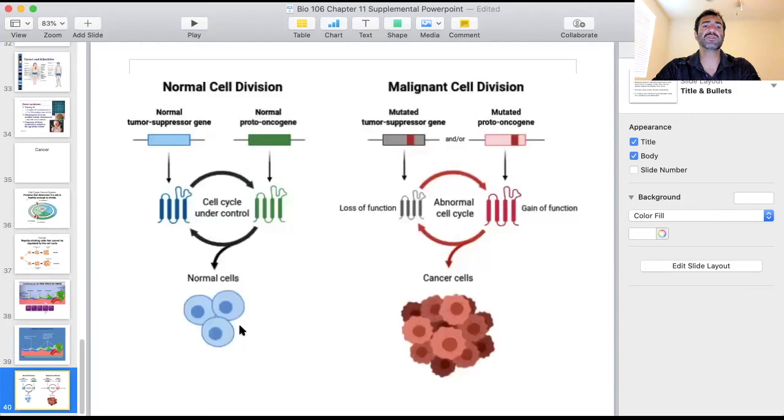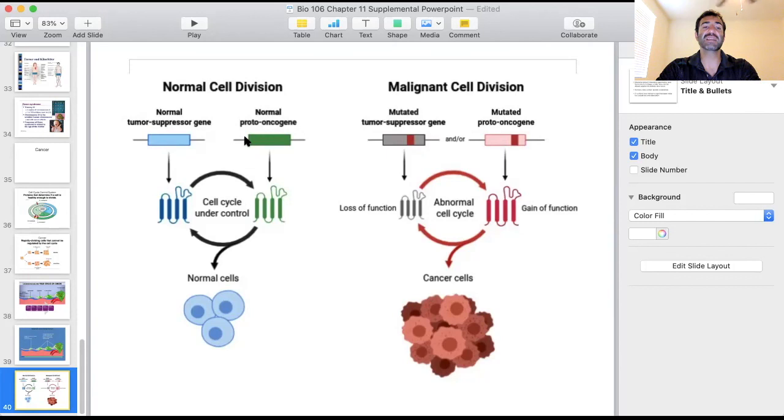There's two major gene mutations that result in cancerous growth. The first is called a proto-oncogene. Normally, their activity is highly regulated.